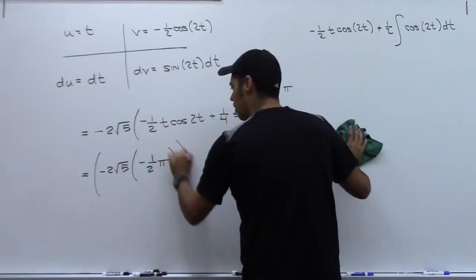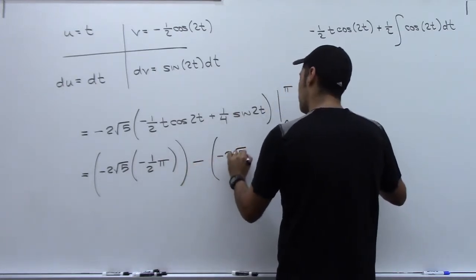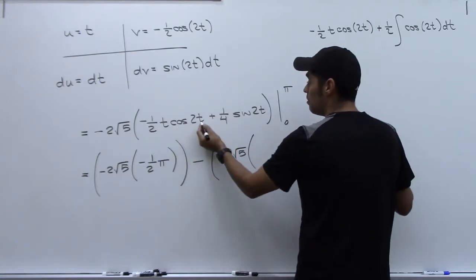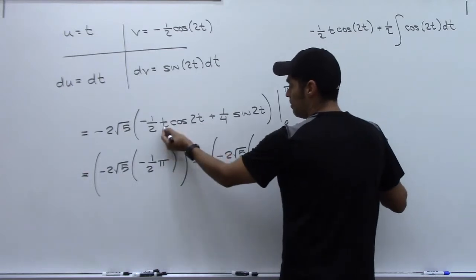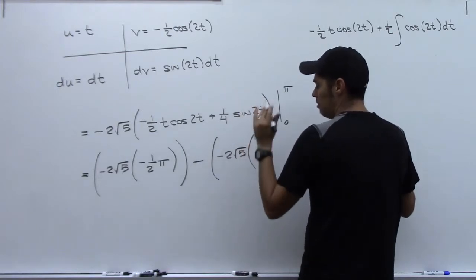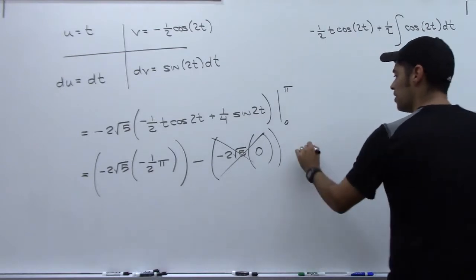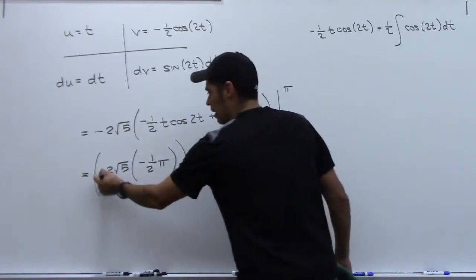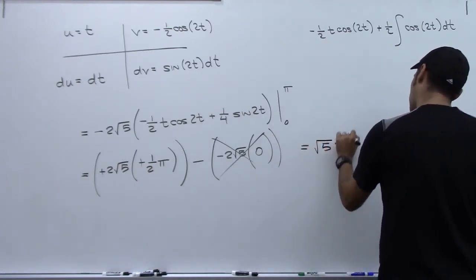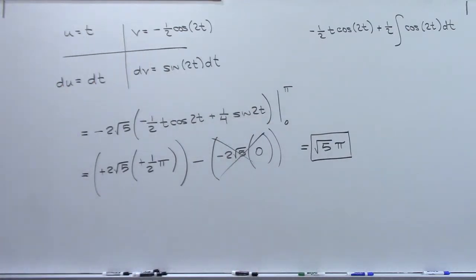That's all I have when I plug in pi, minus negative 2 root 5, then cosine of 0 is 1, but then times 0, it's gone. And sine of 0 is 0. So this whole thing is gone. And so negative and negative is positive, the halves cancel, and we get root 5 times pi. Interesting. Nice.